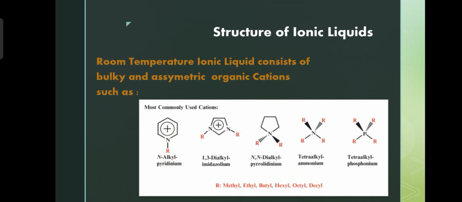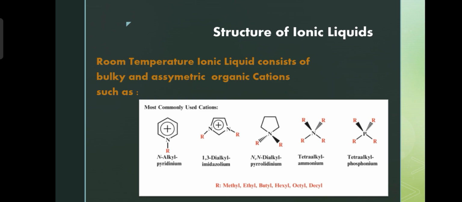Next I come to the structure of the ionic liquid. As it is ionic, it contains a cation and an anion. The cations are basically bulky in shape, and asymmetric organic cations are used in the cationic part.